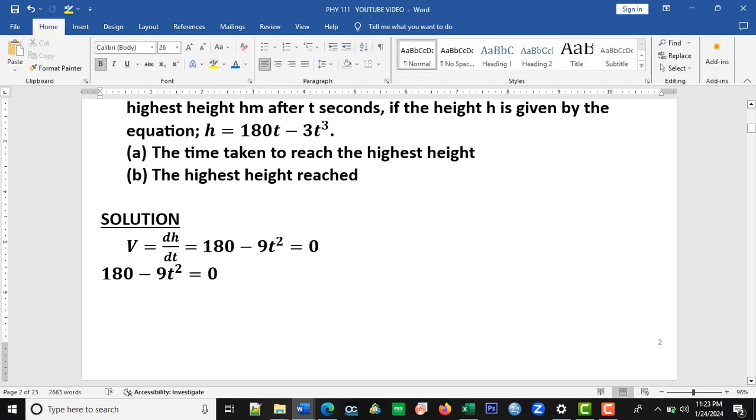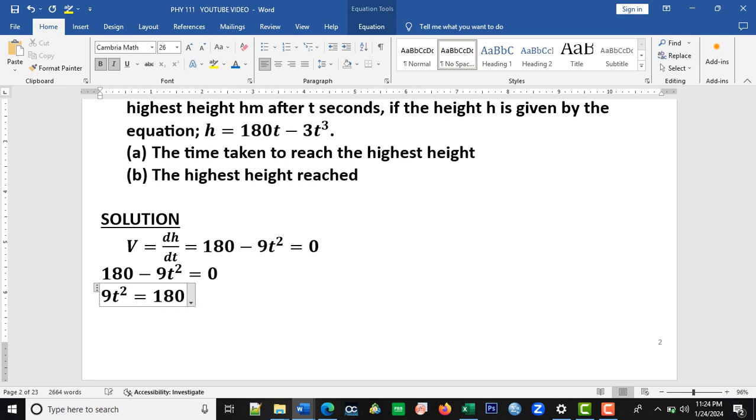Then we are going to make t the subject of the formula. So the next thing we are going to do here is to solve for t. So we now say that 9t squared is equal to 180. Okay, I believe you know how we eliminated the negative sign.